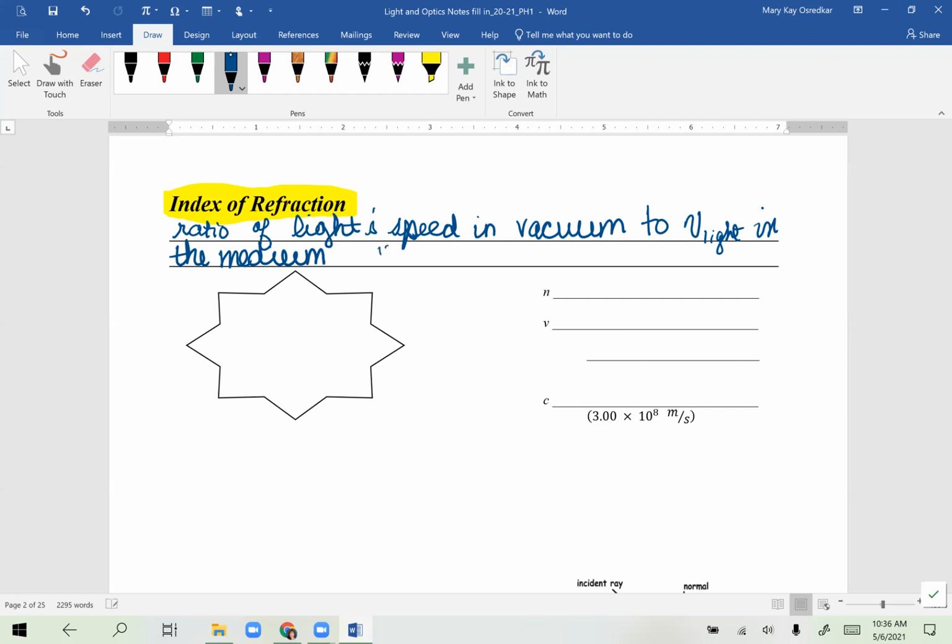This can also be called the optical density. Something that is optically dense means light travels very slowly in it.